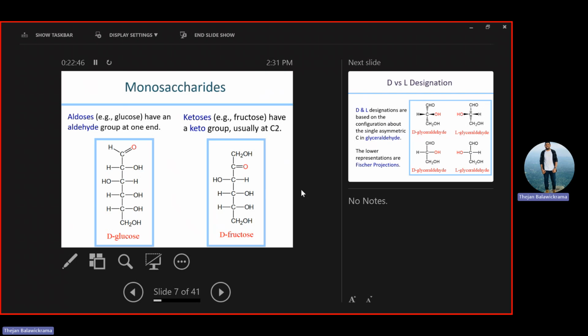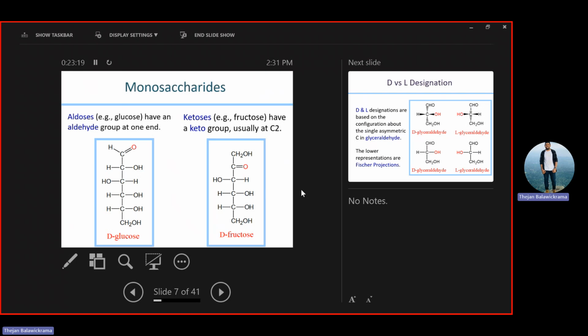These are special groups, or we call them functional groups. So the functional groups are different, right? Same molecular formula, arrangement of atoms is different, and the functional groups present also are different.